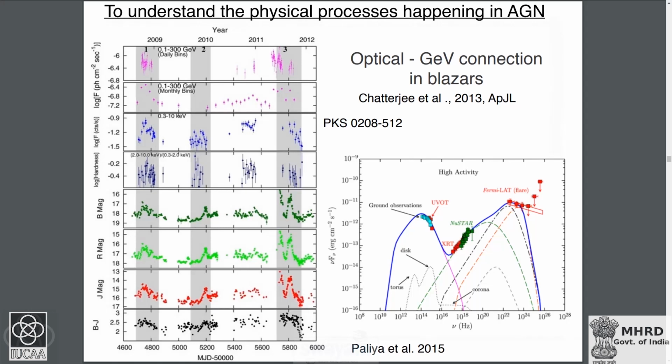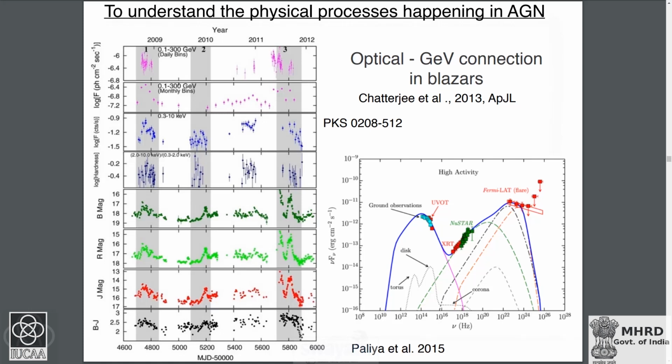Now coming to the third shaded region, here also the source showed increased brightness in all the wave bands starting from optical, IR, X-ray and gamma rays. Therefore, the only difference is in the middle shaded portion, where one expects that since the source is showing increased brightness in optical and IR bands, it also must show increased brightness level in gamma ray band. However, it is not observed.